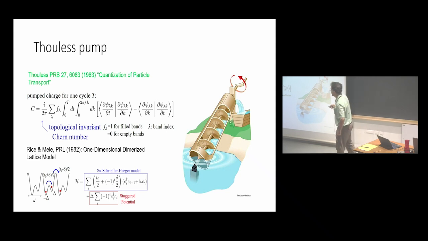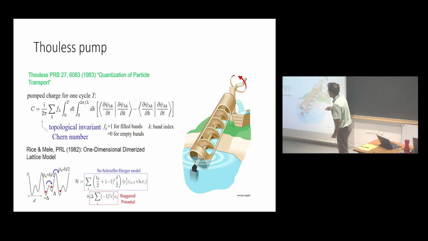And so in this case, I have the spins that have the winding number characterizing the topology, and in Pauli's pump, I have the Berry curvature that's responsible for the charge that's pumped in the cycle.